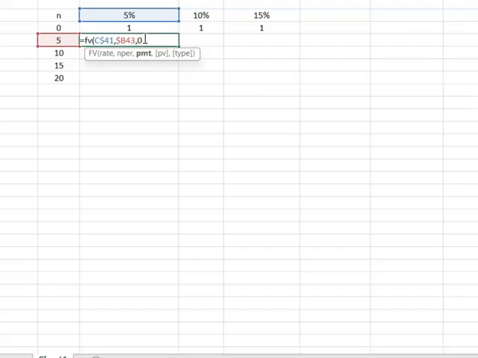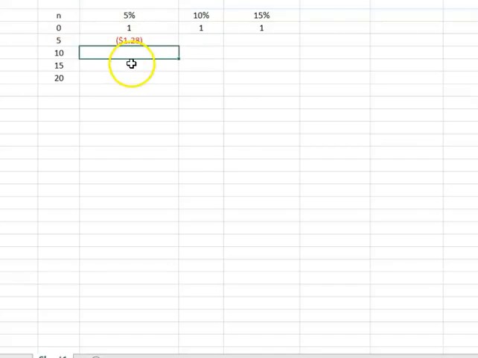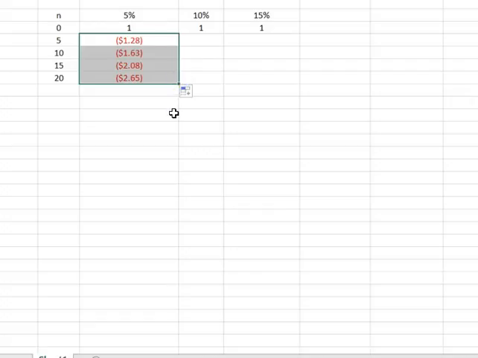We don't have any payment. And what is the present value? The present value is 1. So here it is telling us 1.28, and see what happens after 20 years.